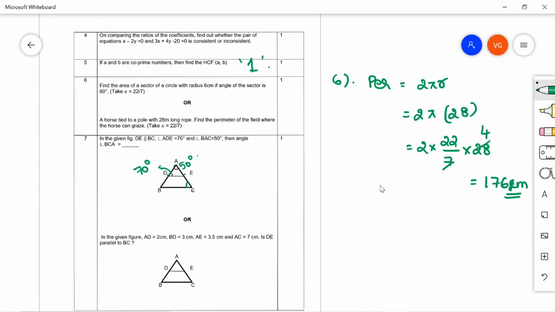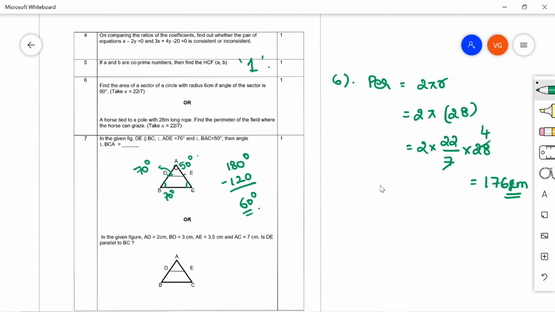So if ADE is 70, this is also 70, so angle B is also 70. If you consider this triangle ABC, total angle should be 180 degree here. So 70 and 50, if you add that, 120, you will get angle ACB will be 60 here.